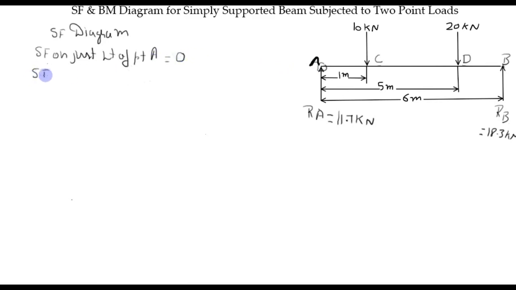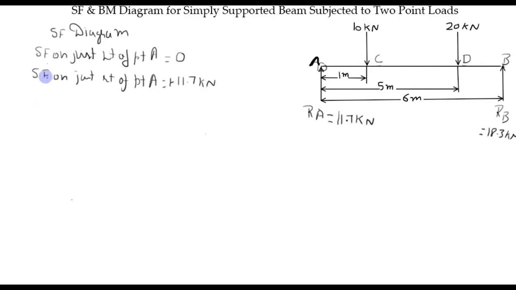Now shear force on just right of point A. So place your finger on the just right of point A and sum up all leftward forces. So leftward forces RA. So RA is acting vertically upward, so this is positive 11.7 kilonewton.